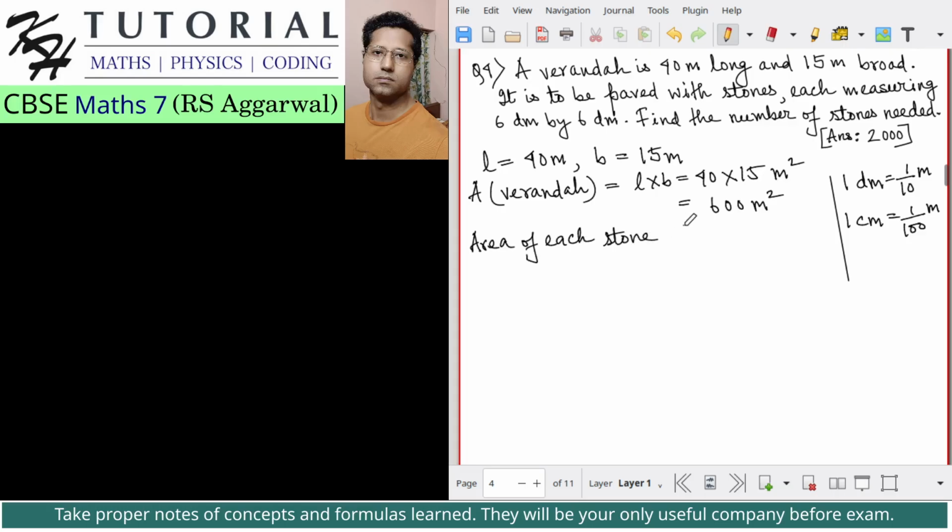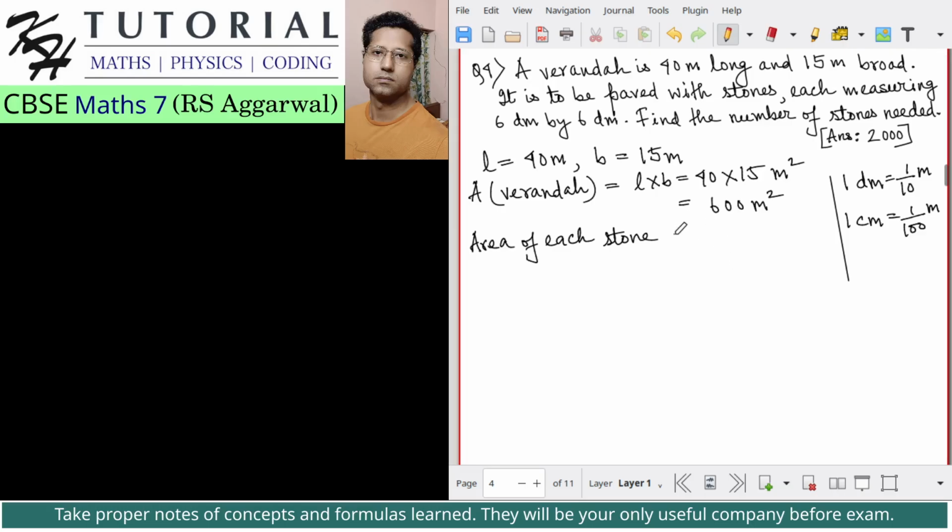The entire veranda has to be paved with stones, and the stone is also rectangular shaped, because it is given that stones each measuring 6 dm by 6 dm. So each stone is basically a square shaped stone where each side is 6 dm.